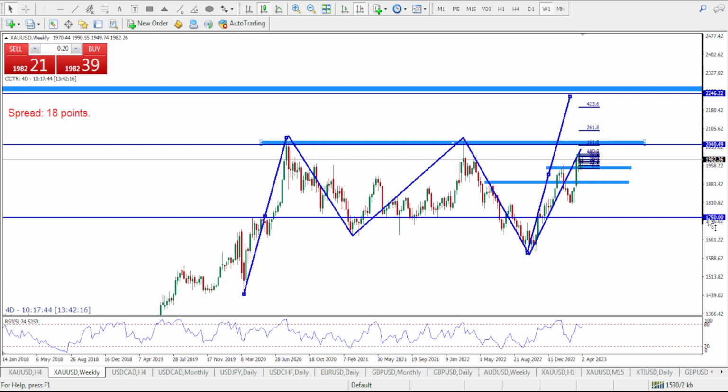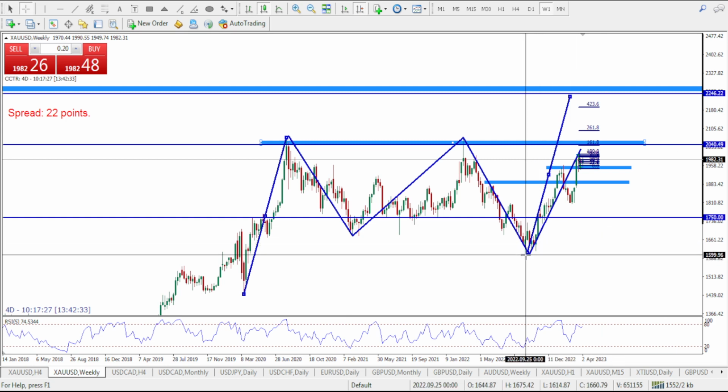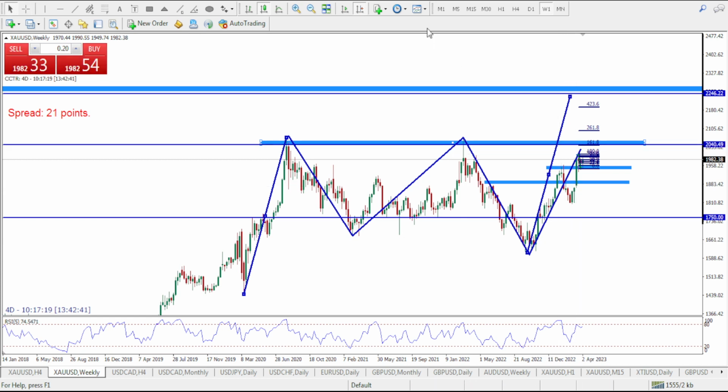So 1745 or 1750 till 2246, I will be following this story, and I want to title it the story of gold from 1750 till 2246. The actual story began from 1600 right here, but let's see.